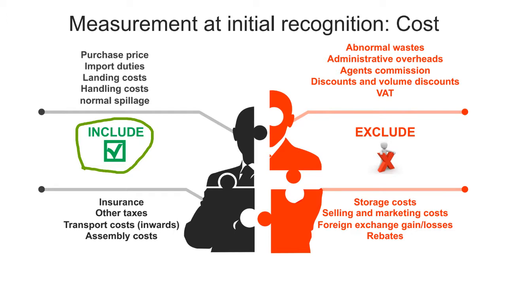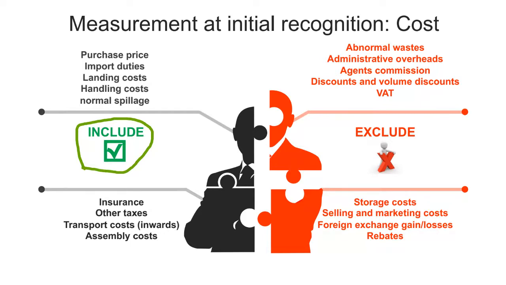Sellable state means a state where it can be sold. Does that mean transport to the business brings it to a sellable state? Yes, transporting inventory to our factory brings it to a sellable state. But let's just talk, because a lot of people like this conversation over delivery costs.